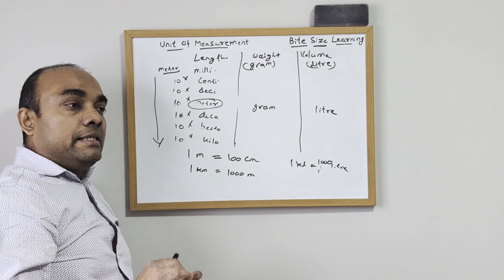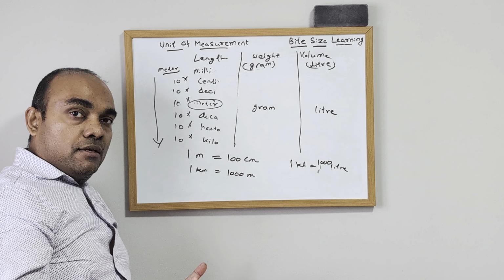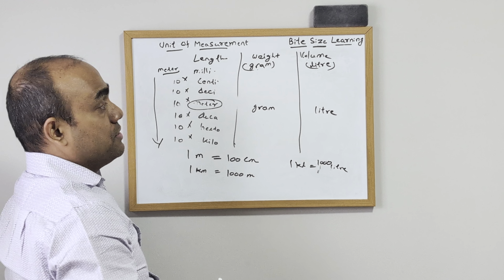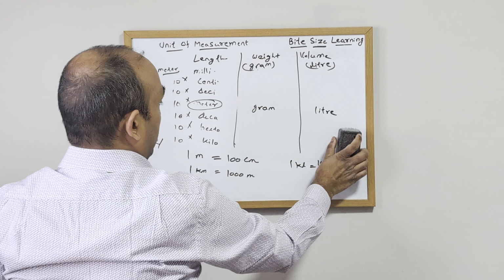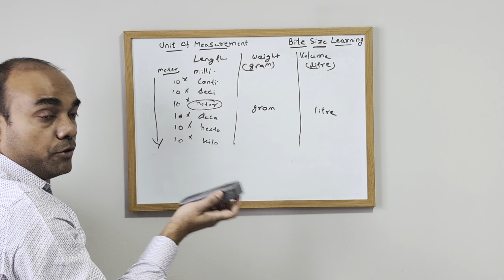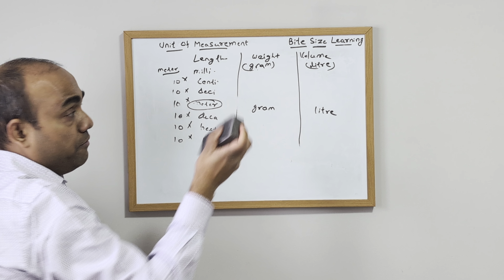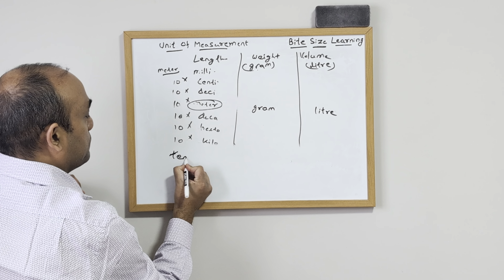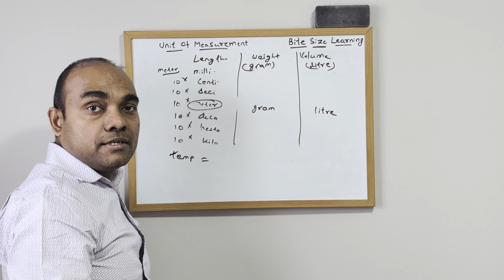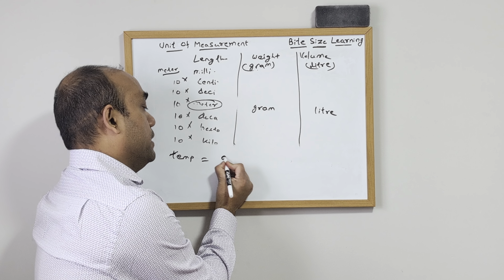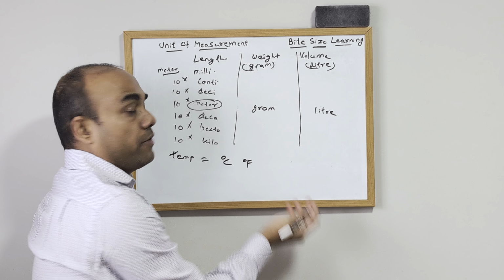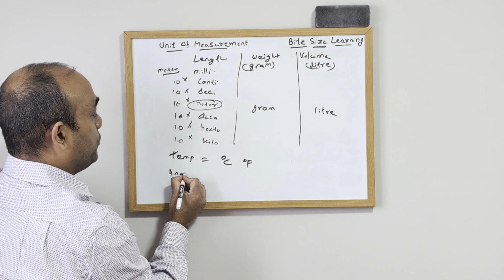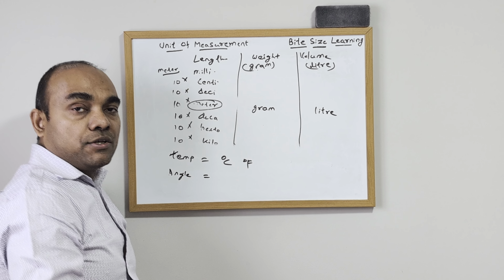Now, there are other things or stuff that you measure, right? Such as temperature, let's say, right? So I will just give the example of units, but we will talk about those in our future lectures. So let's say you want to measure a temperature. So what is the unit of it? Any guesses? It's degree centigrade, degree Fahrenheit, something like that. If you want to measure an angle, so we spoke about this in previous lecture.